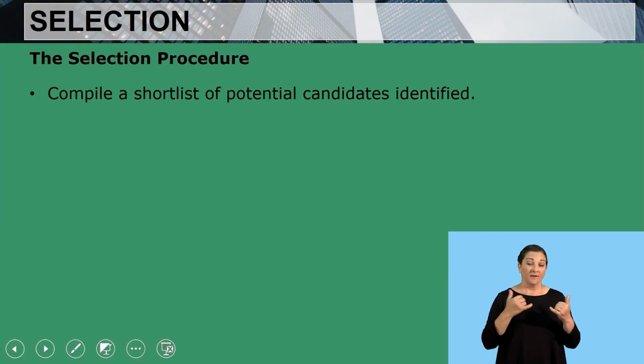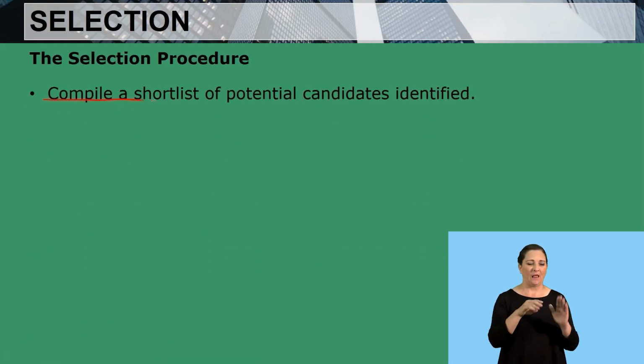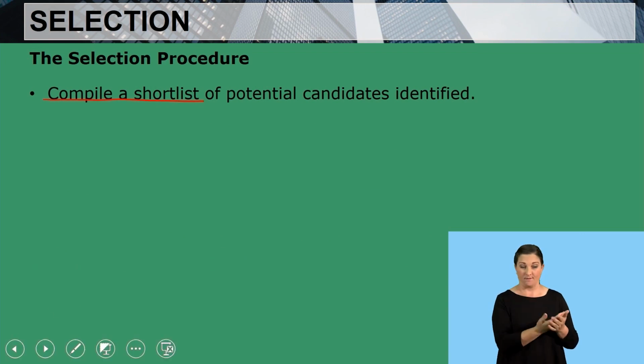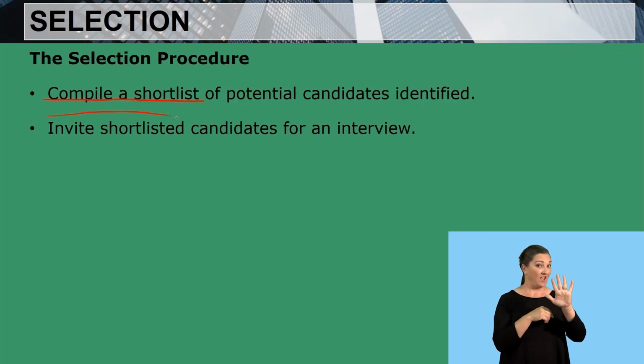And then they must compile a short list of potential candidates identified. You might find out that after conducting your reference checks, you have found only 5 to be suitable for that position.